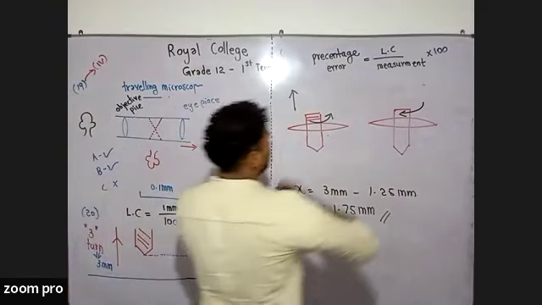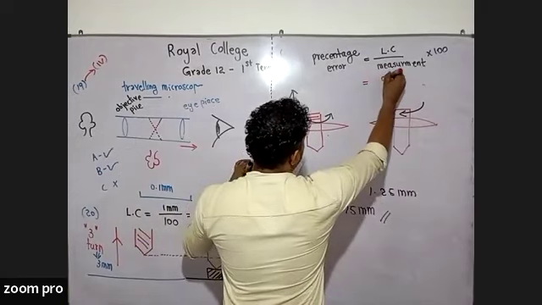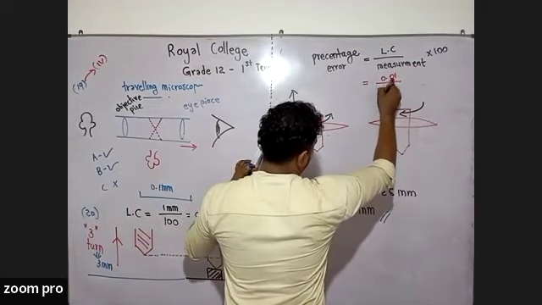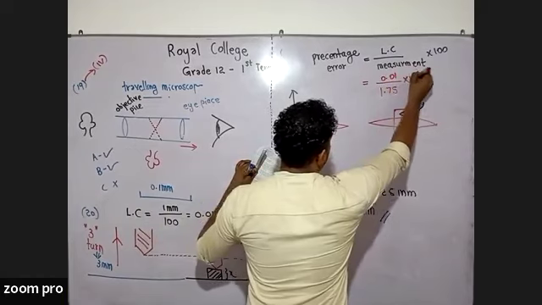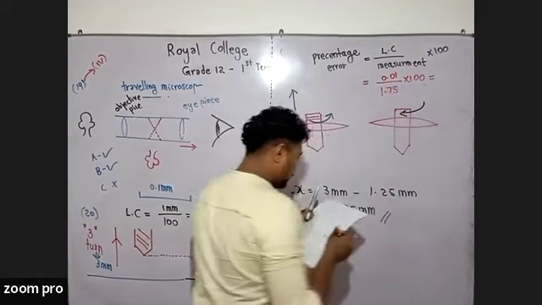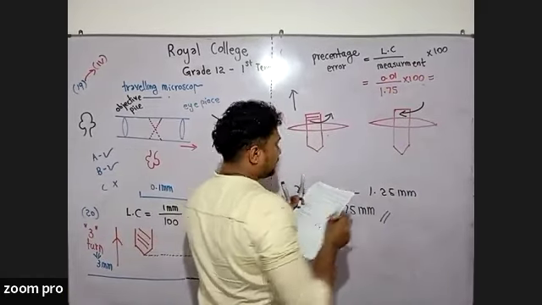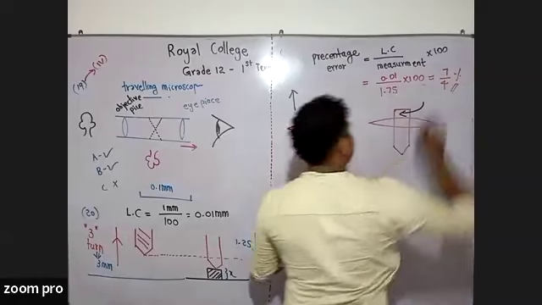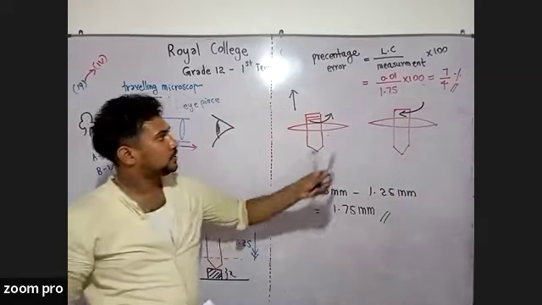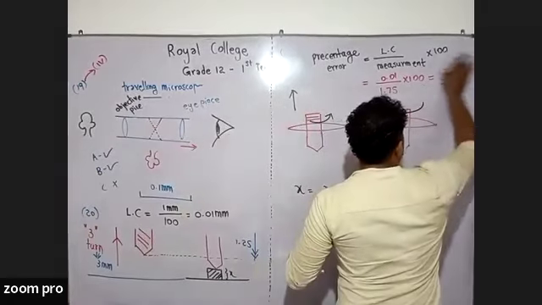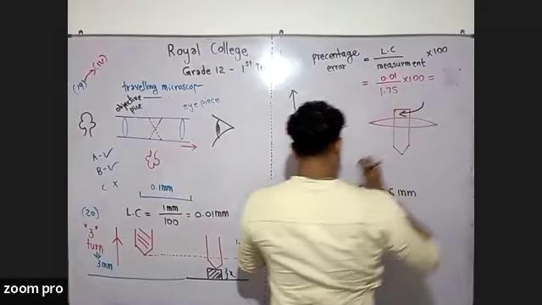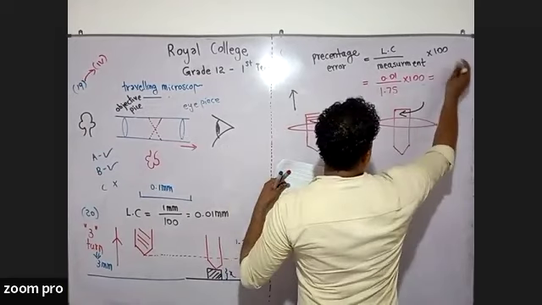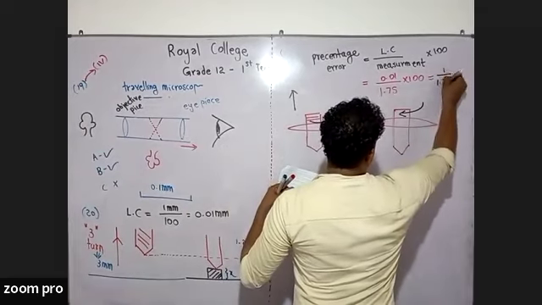So if we obtain the percentage error of this measurement, it should be 0.01 millimeter over 1.75 into 100. If we substitute this, we can obtain the percentage error. Sorry, it should be 1 over 1.75.